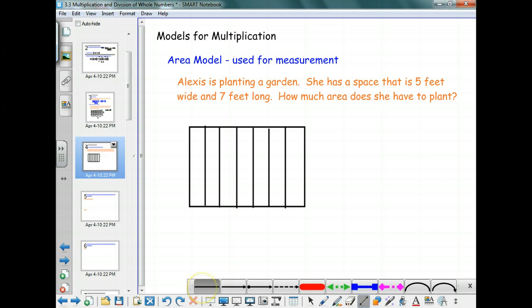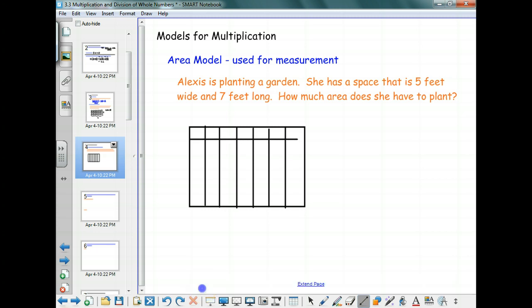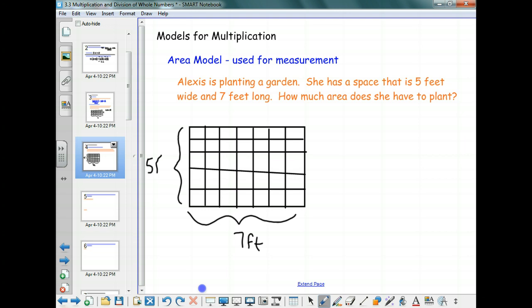And then we're going to do the same thing. We're going to split it to be 5 blocks wide or tall in this case. It's not perfect, but you have the right idea. So this is 7 feet long, 5 feet wide. So 7 times 5 is 35.